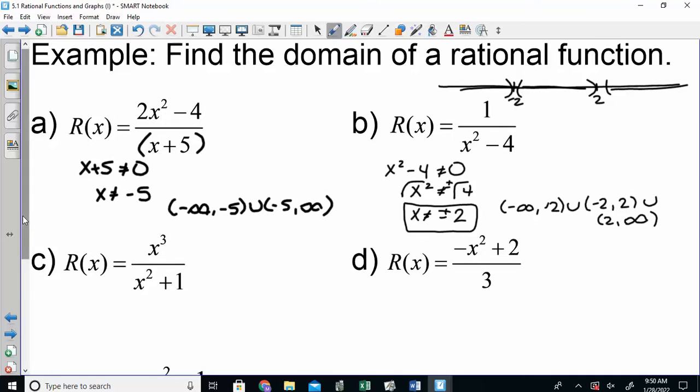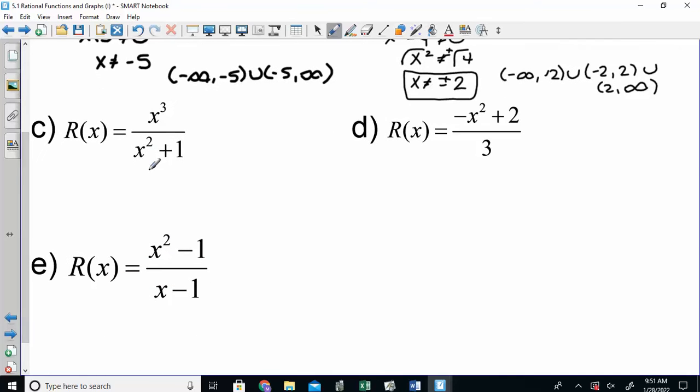All right. For C. We said we have a fraction. We know the bottom can't be 0. So x squared... What kind of number do we get? When we graph, do we have to worry about imaginary numbers?